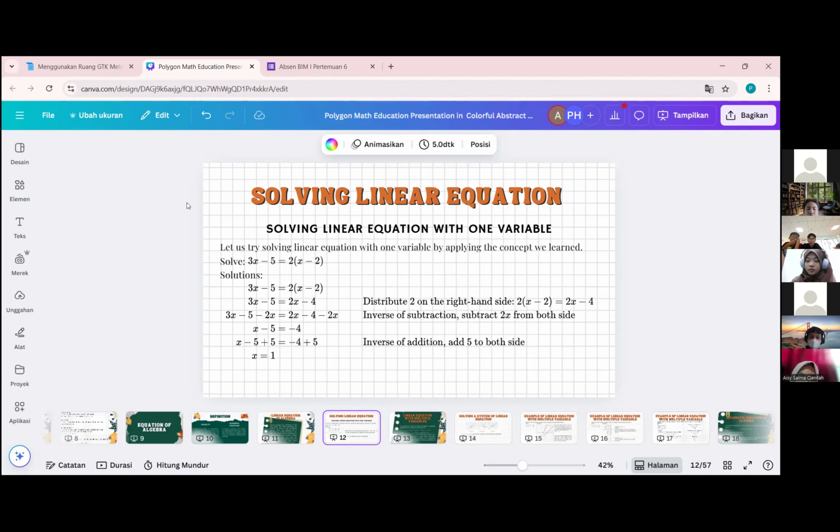Komutatif yang 2x dikurang 4 itu diputar jadi negatif 2x dulu. Negatif 2x ditambah 2x dikurang 4. Minus 2x-nya juga jadi di depan. Minus 2x ditambah 3x minus 5.